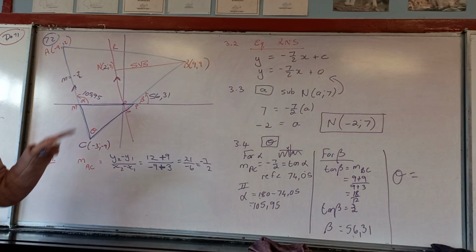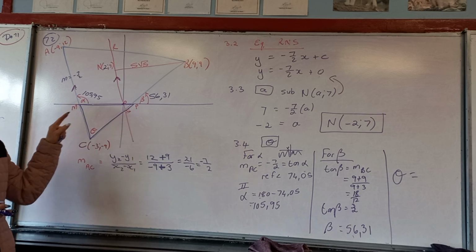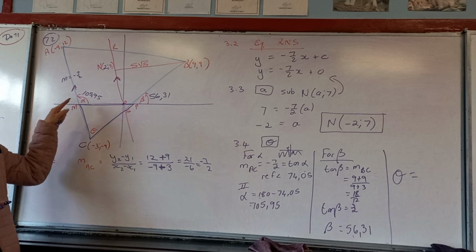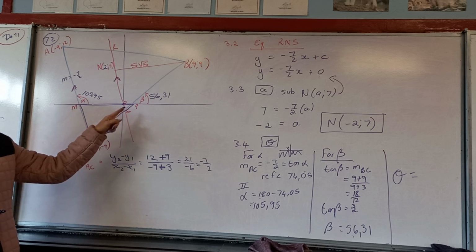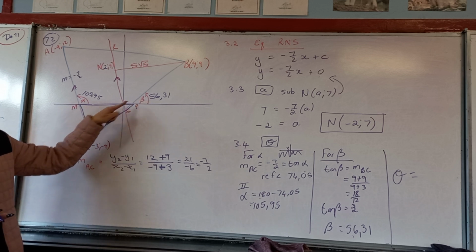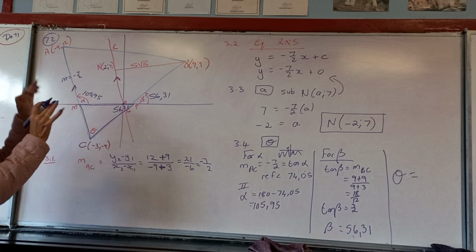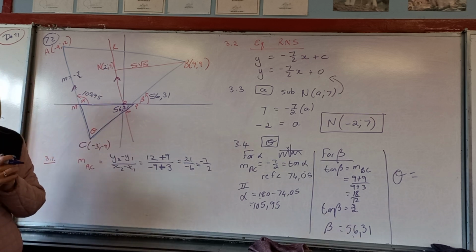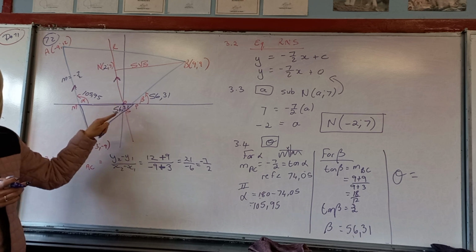How do I get there with this purple triangle? Interior angles, how? First you've got to do straight line. Well, you can go straight line again, easier: vertically opposite angles. That's 56,31. There are some lines in between there, but it's a vertically opposite angle.